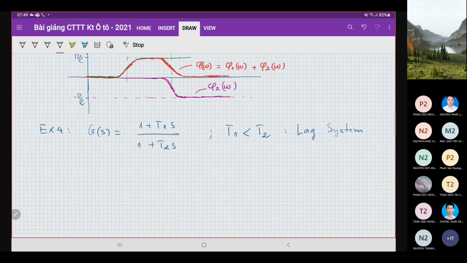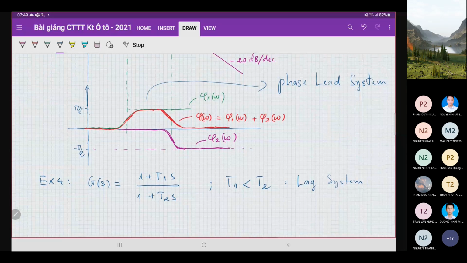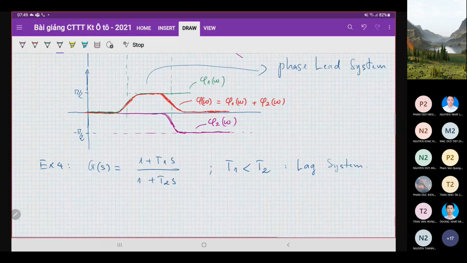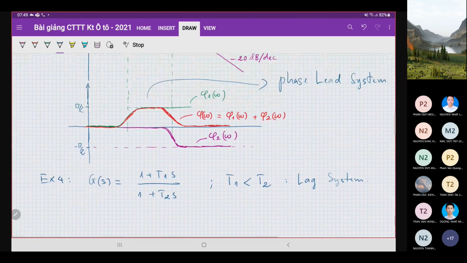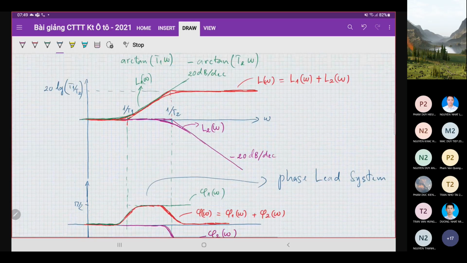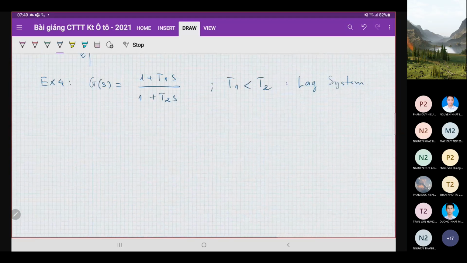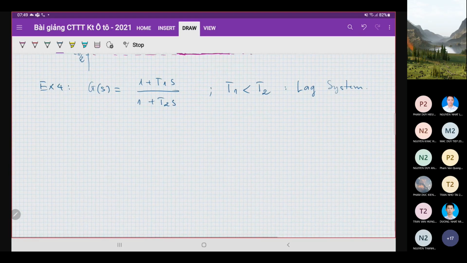Okay, lag system, and it also has a similar phase Bode diagram to the previous one.